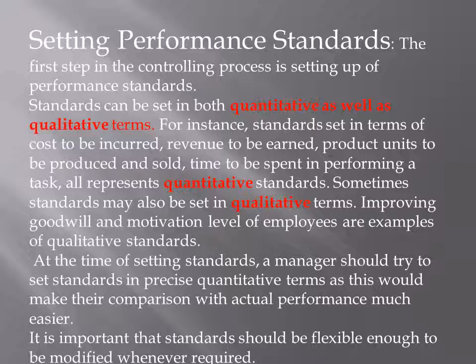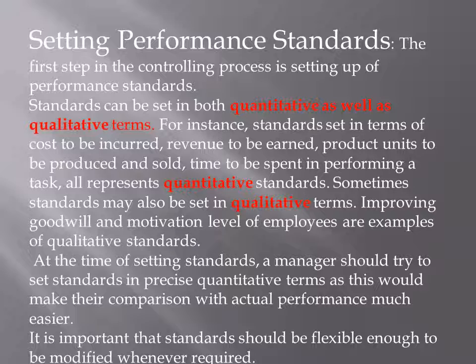But a qualitative standard means how the goodwill of a business will be improved, as well as what will be the motivational level of employees. These are a few examples of qualitative standards, and it is very tough to fix qualitative standards.